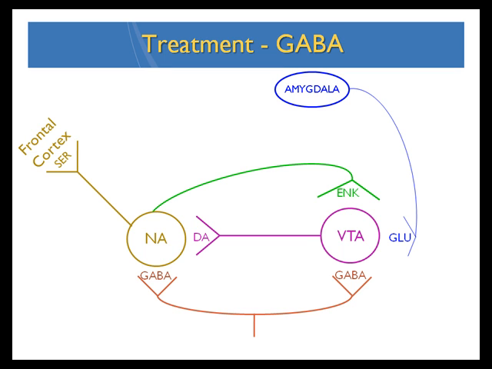There are a couple of different types of medication we can use to increase GABA. The first kind are the anti-seizure medications. The second kind is a single muscle relaxant called baclofen. Both the anti-seizure medicines and baclofen increase GABA, and they can do it safely even in somebody with addiction.